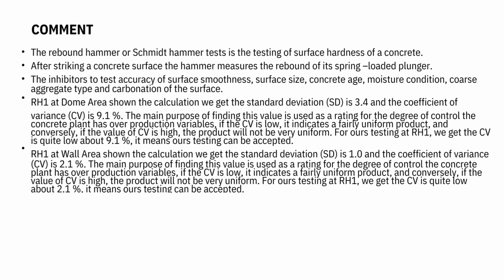So these are our comments for taking the rebound hammer. After striking the concrete surface, the rebound hammer measure is affected by the spring plunger, the test accuracy, surface smoothness, surface size, concrete age, moisture condition, coarse aggregate types, and carbonation of the surface.